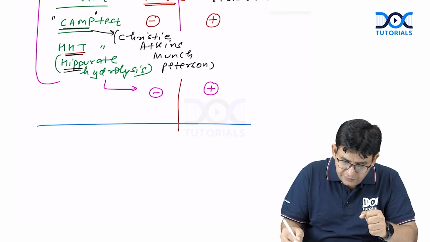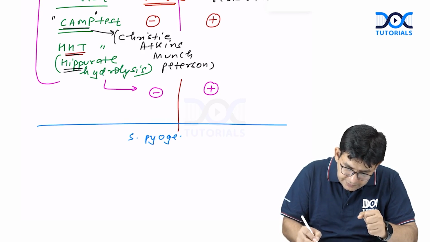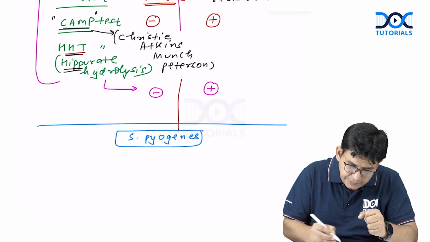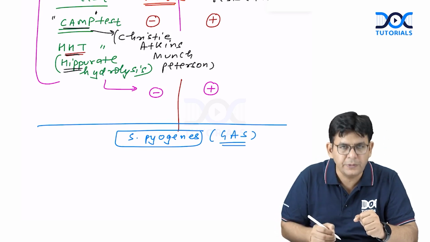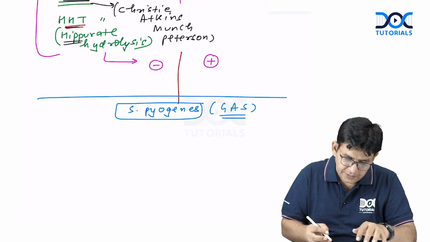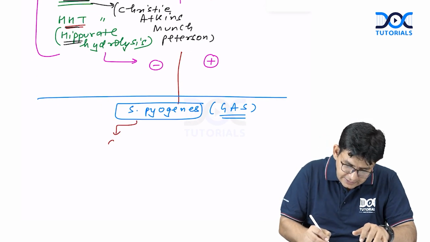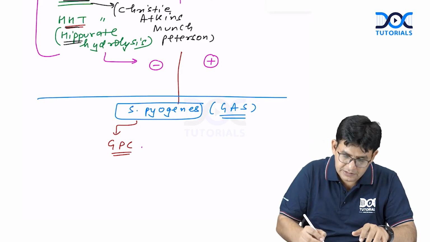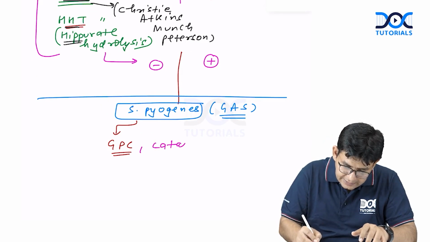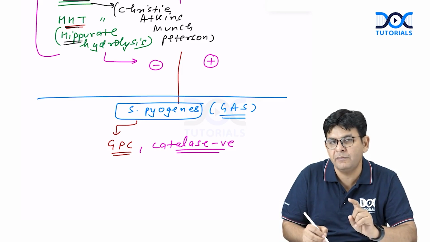Okay, guys. So first of all, we'll talk about the most important one, that is Streptococcus pyogenes, which is also termed as group A strepto, GAS. Streptococcus pyogenes is gram-positive cocci. And guys, if you remember in the initial ones in the gram-positive cocci, we have a flowchart.